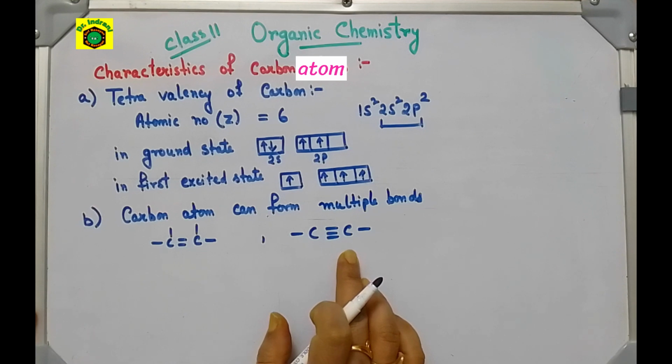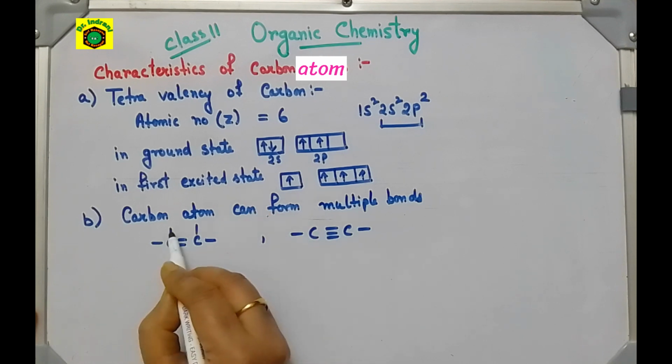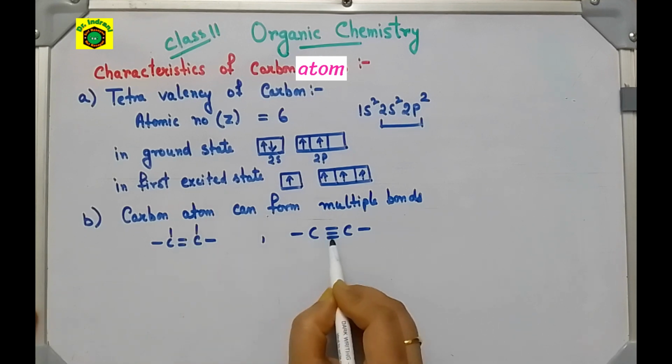Everywhere you have to take care about the valency of carbon. See, 1, 2, 3, 4 means 4 covalent bonds should be there. 1, 2, 3, 4. Here 1, 2, 3, 4. For this carbon also 1, 2, 3, 4.